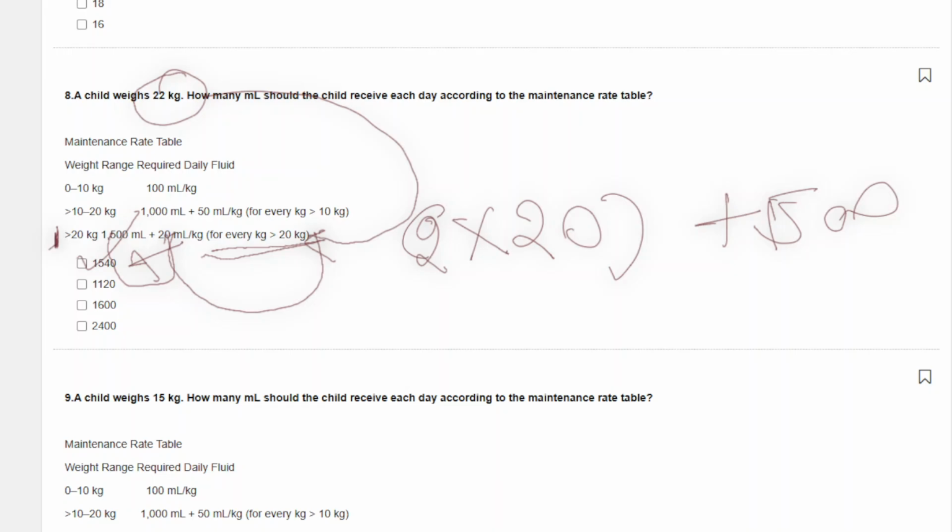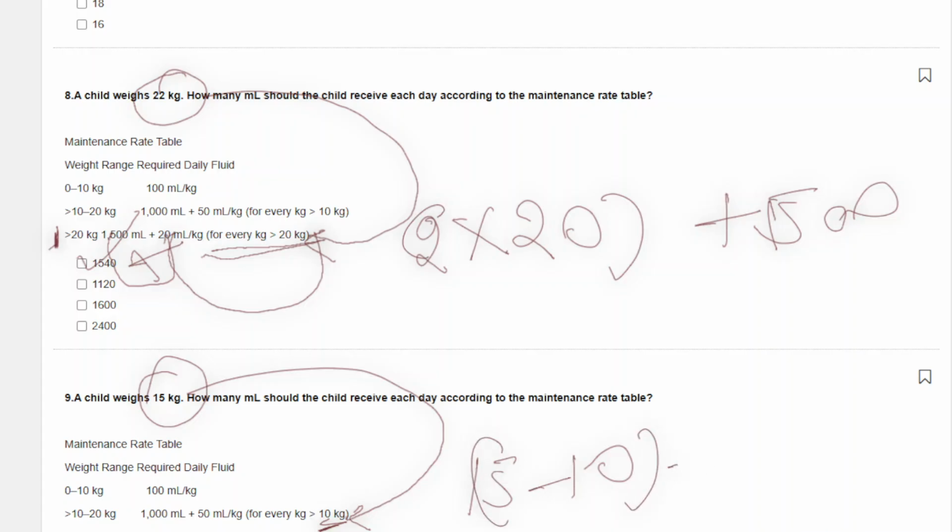Let's do number 9. Same concept. Number 9, you got 15 kilogram, where 15 kilogram is right here on the second range. So I'm going to get the 15 minus 10 kilogram. So now I got 5.